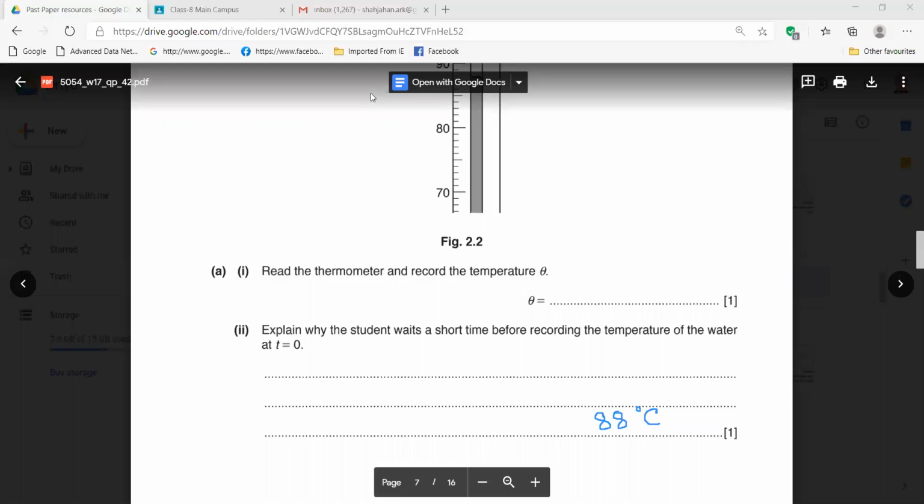To get accurate temperature reading so that no heat is lost in the surroundings.